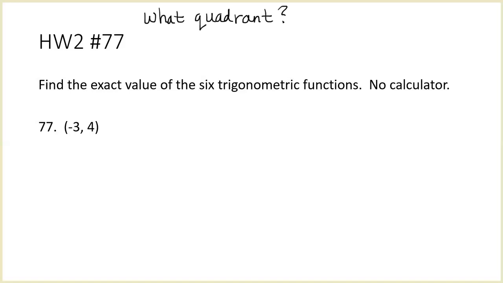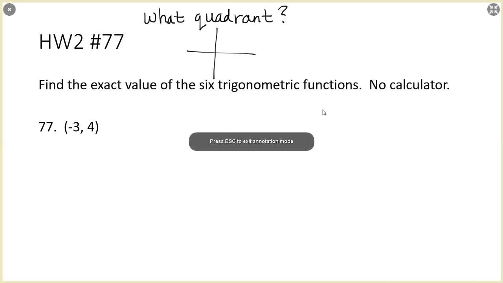You could tell me in the chat. There's only one quadrant that it could be, where X is negative and Y is positive, because that's what you want to start off by figuring out.